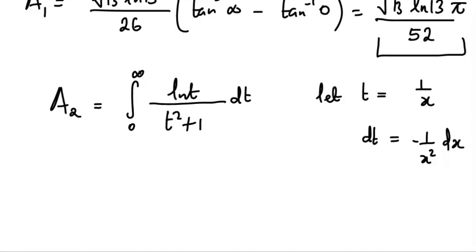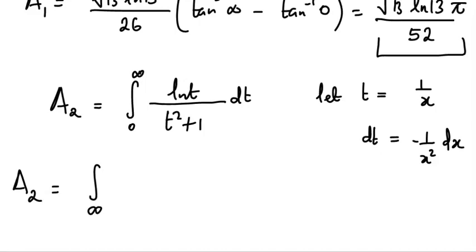If you think about our limits of integration, when t is approaching 0, remember if you solve for x here, x is equal to 1 over t. So if t is approaching 0, x is approaching 1 over 0, which is giving us infinity.